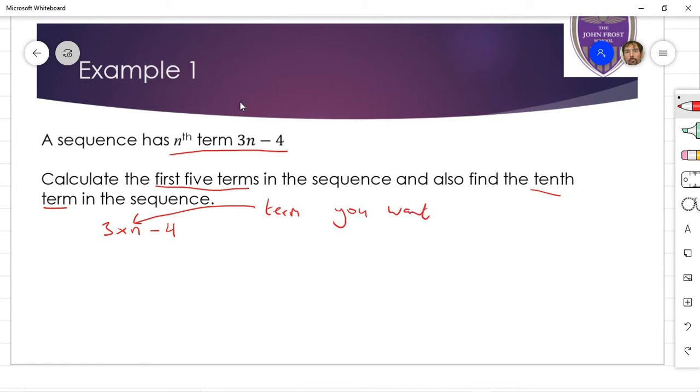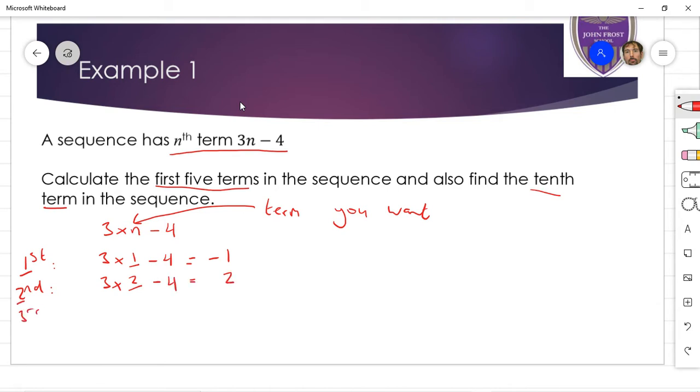So if you want the first term, then n will be equal to 1. So you just do 3 times 1 and take away 4. That will give you -1. That's the first term in the sequence. The second term would be 3 times 2 minus 4, which is 2.